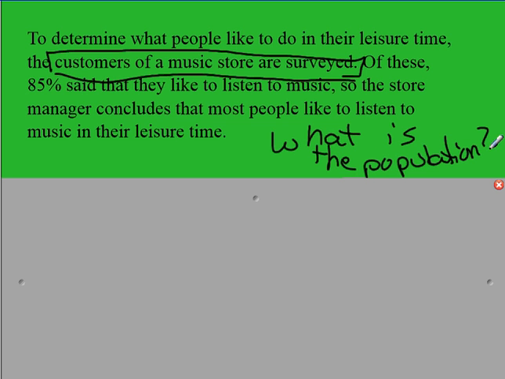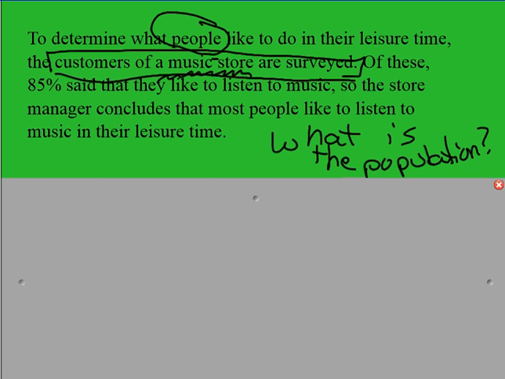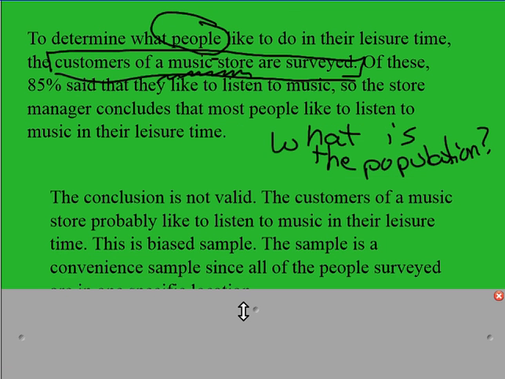And if we look at the very first sentence here, to determine what people like to do in their leisure time, that's a very general population. That's just people, all people. So if you only ask people that go to a music store, what you're doing is you're really conducting a convenience sample. You're conducting a convenience sample.